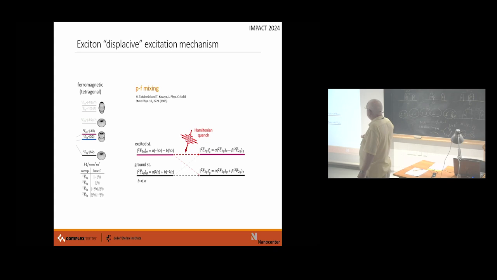And then when we excite conducting electrons, we actually change the effective magnetic Hamiltonian abruptly. So basically we quench our Hamiltonian, but we don't change the symmetry. So this would mean that we would finish in a kind of excited state, and these oscillations are then just quantum evolution of the system with some occupation on the first excited state.